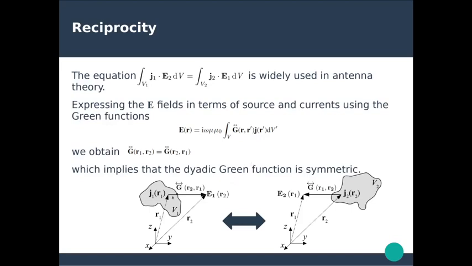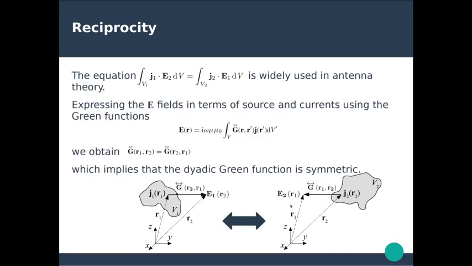So this means that if you were to calculate the electric field E1 at location R2 from a current density J1 using this Green tensor element R2, R1, then this is totally equivalent to looking at the electric field E2 at position R1 from the source J2, which is located at R2, via this symmetric element R1, R2.